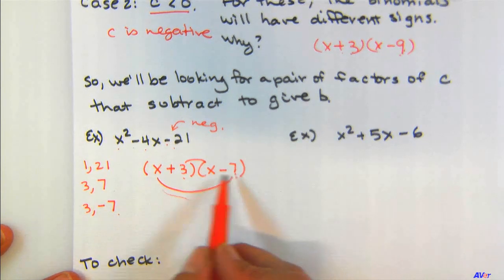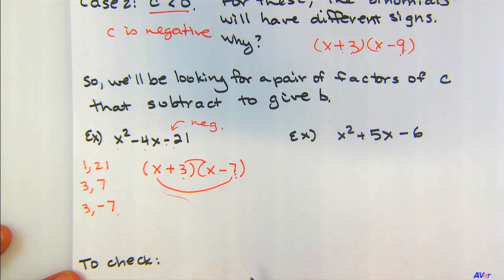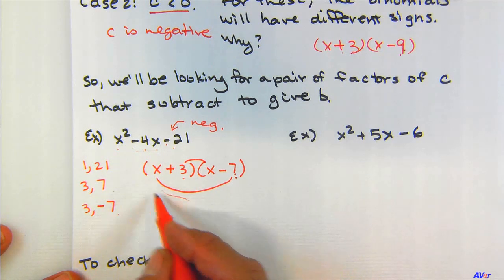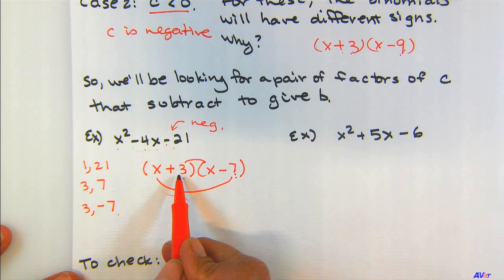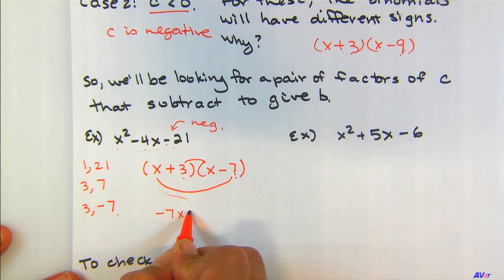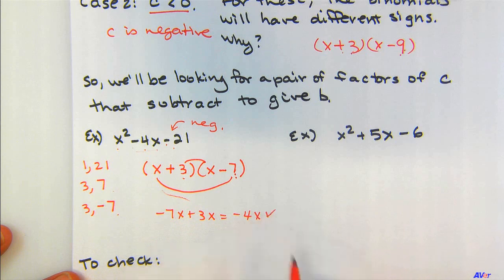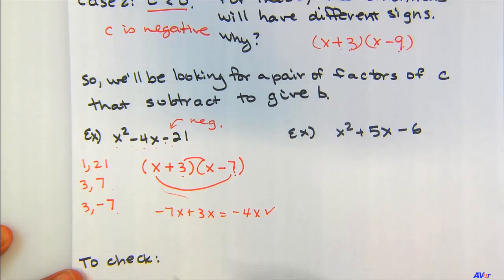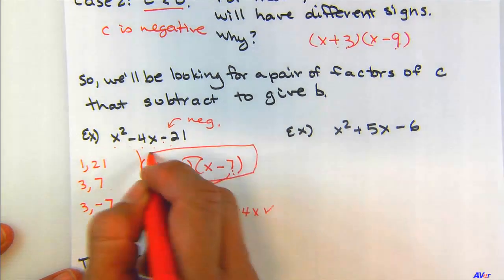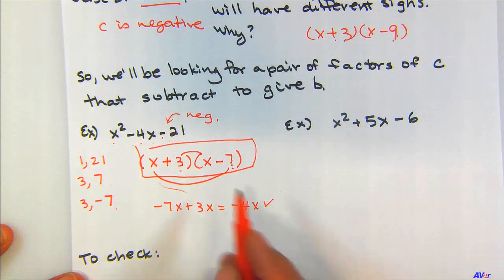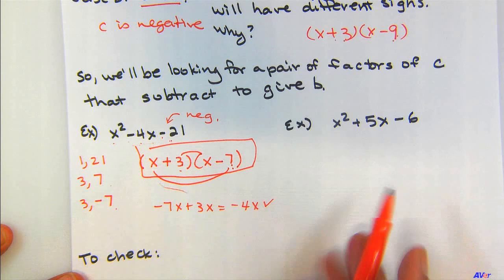So now we're just making sure the outer, inner match up with that middle term. Negative 7x plus 3x is negative 4x, so it matches. So that was the answer, this set of binomials multiplying each other. These are the factors of that trinomial.